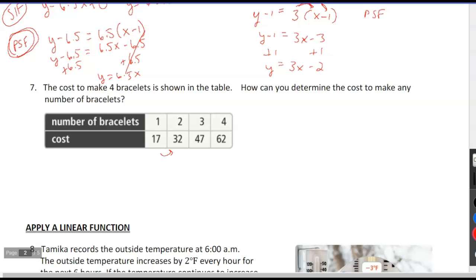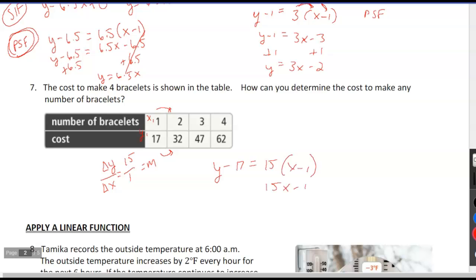So we do this right here. We have a slope of 15 over 1. We went up 15, we went up 1. So that's my change in y, that's my change in x. That's my slope. So we do x1 and y1 because we're doing point-slope form. y minus 17 equals my slope, which is 15, times x minus 1.